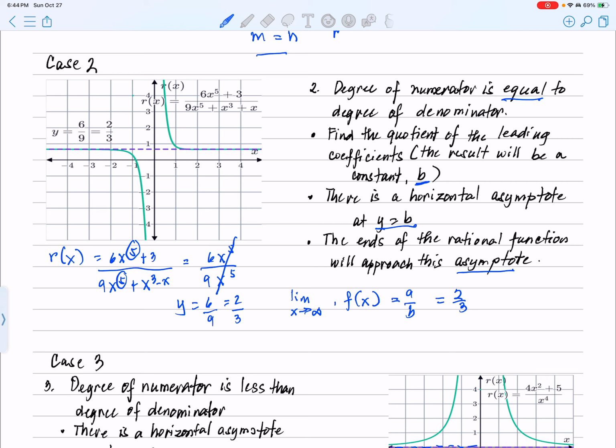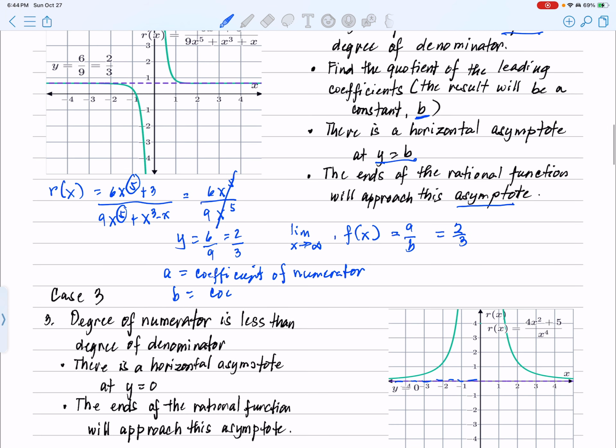A is the coefficient of the numerator, and b is the coefficient of the denominator.